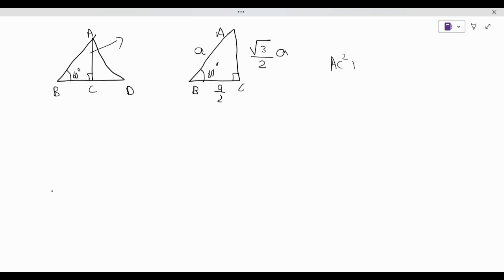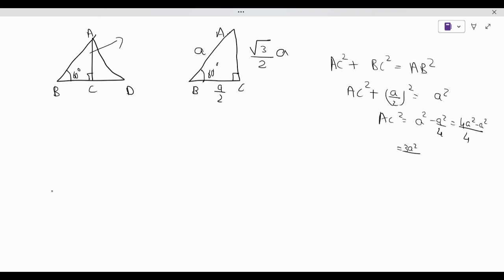AC square plus BC square is equal to AB square. So AC square we don't know, and BC square we know is A by 2 whole square, equal to AB square, which is A square. So AC square is equal to A square minus A square by 4, which is equal to 4A square minus A square by 4, which becomes 3A square by 4.